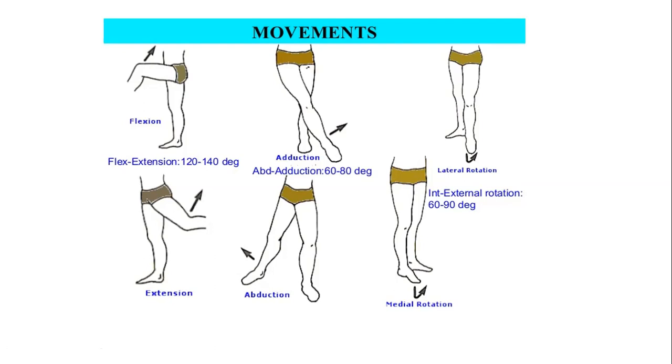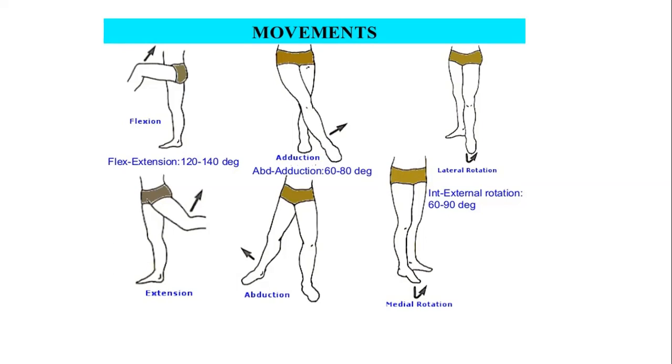It takes place along a transverse axis and is carried by psoas major and iliacus muscles, assisted by the rectus femoris, sartorius, and pectineus. Extension of the thigh at hip joint is simply extending the flexed thigh back to the normal position.